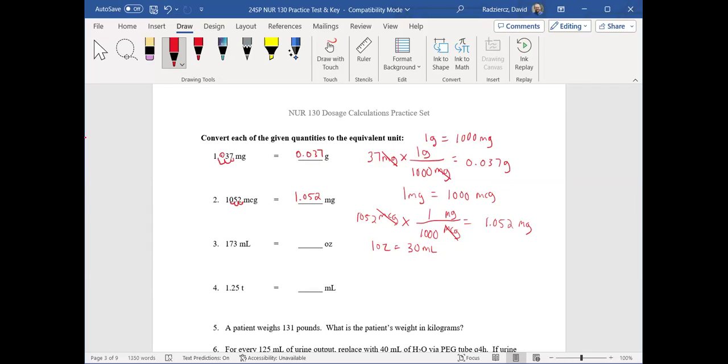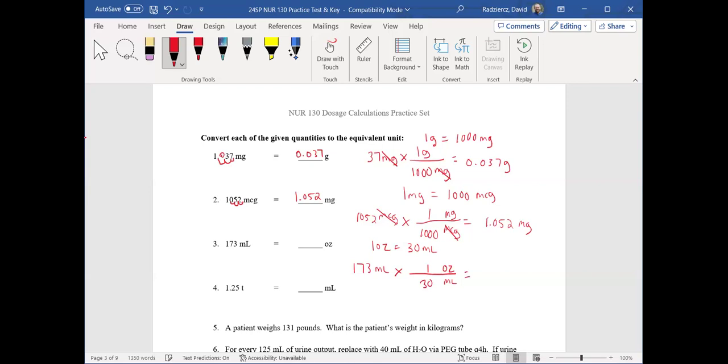Okay. So what I'm going to do is the same setup strategy. I'm going to take my milliliters. I'm going to convert milliliters to ounces using what I know, which is that 1 ounce is 30 milliliters.